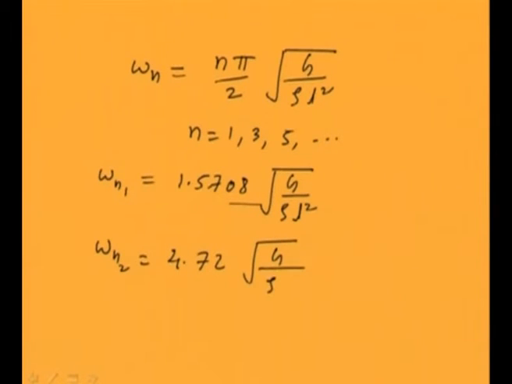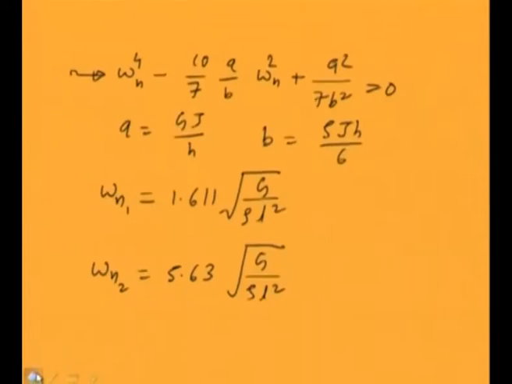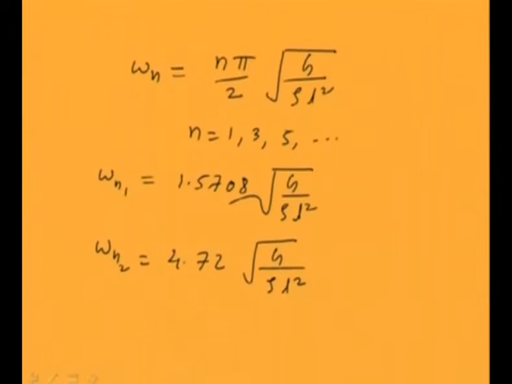G rho L square. So if we compare with our result, it is 1.6, which is close to 1.57, and this is 5.63, which is slightly away from the 4.72 of the closed form solution.